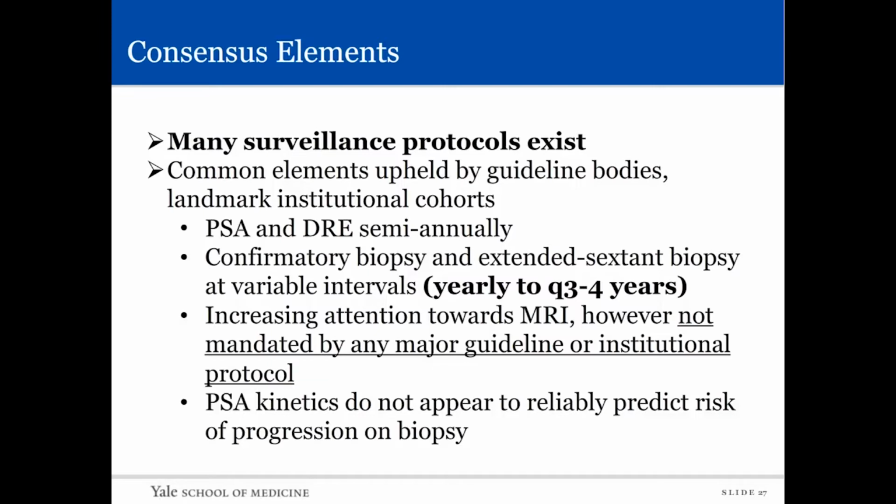But I think the winds are blowing in the direction of spacing these out more and more. There's an increasing attention towards MRI. However, it's not mandated by any major guideline or institutional protocol as of today. That's probably changing. I think we're leaning in that direction. And lastly, that PSA kinetics do not appear to reliably predict the risk of progression on biopsy.